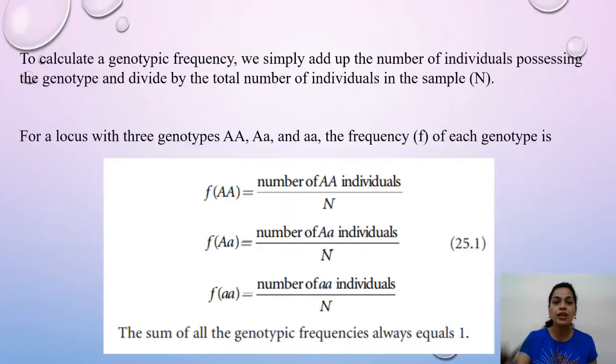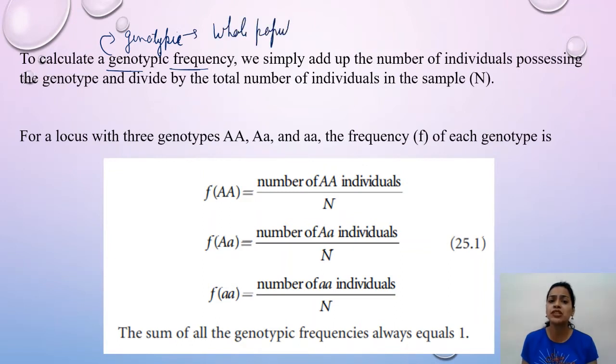Fine. Now, so how do I calculate the allelic frequency? Okay, just now I told, sorry, the genotypic frequency. Just now we saw what the genotypic frequency is. It is the proportion of a particular genotype present in the whole population. एक पूरे whole population में एक particular जीनोटाइप का कितना प्रपोर्शन है, कितना परसेंटेज है, that is my genotypic frequency. Now how can I calculate it?